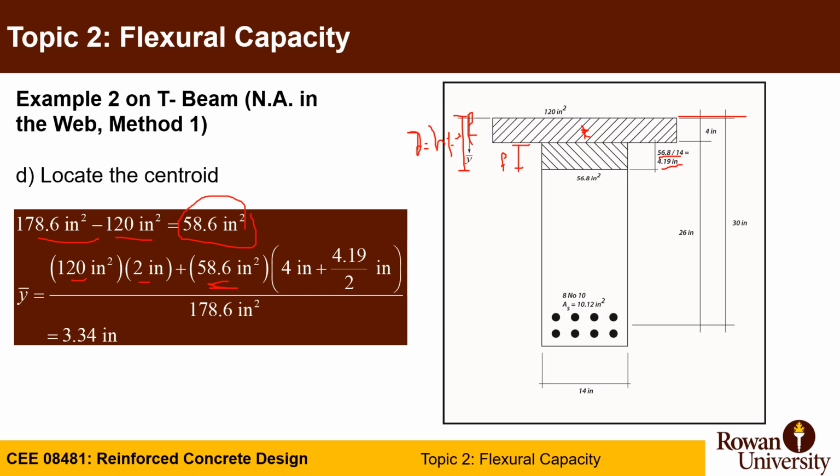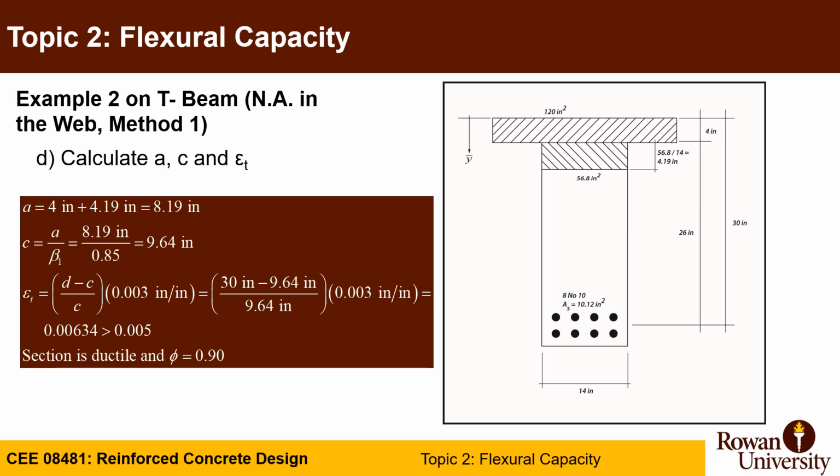And the distance between the neutral axis, this distance is 4 plus 4.19 over 2. If you divide all by the area, 178.6, you get the neutral axis of this shape is around 3.34 inches from the top.